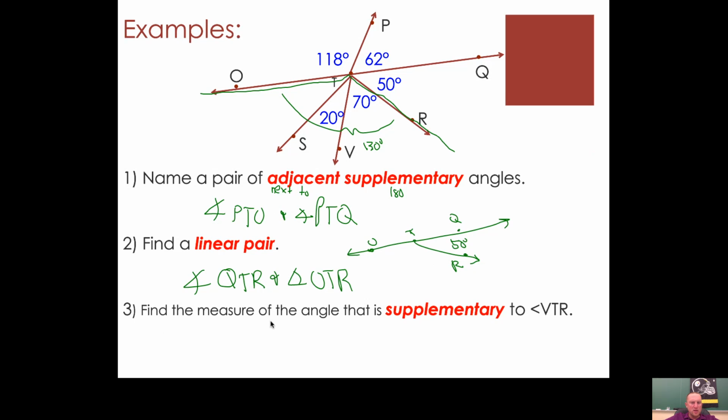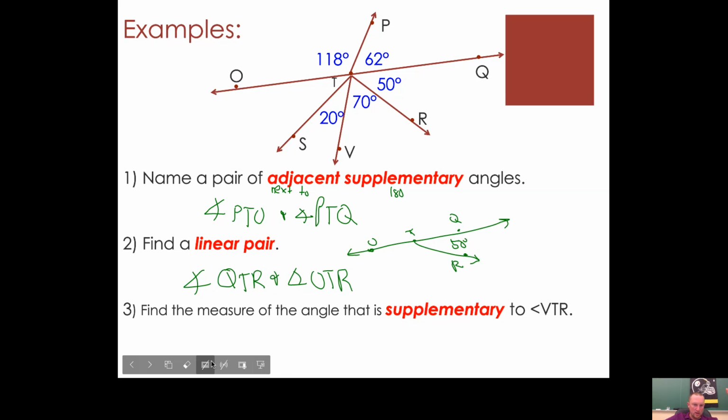Number 3, find the measure of an angle that is supplementary to angle VTR. Well, I have a little bit of a mess up here, so I'm going to try to erase it. Okay, find the measure of an angle that's supplementary to angle VTR.